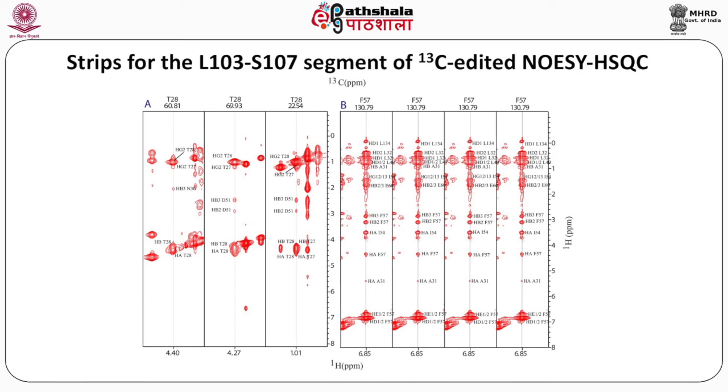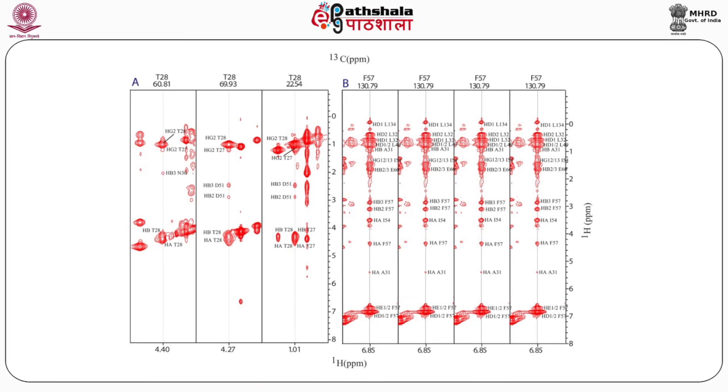So, if we look carefully, then we see that for this T28, there are various carbons corresponding to this residue at 60.81 ppm, at 69.93 ppm and at 22.54 ppm. And then there are protons attached to them.